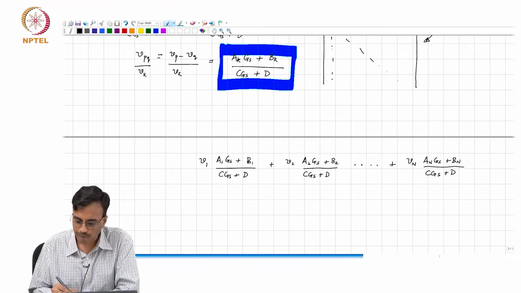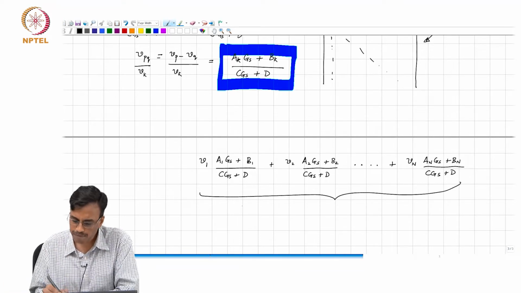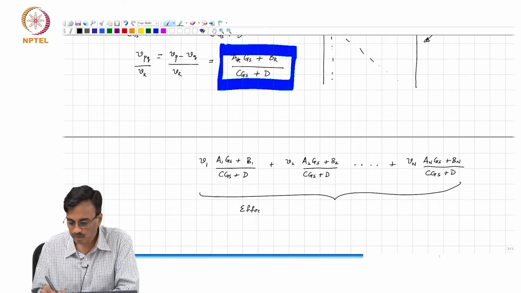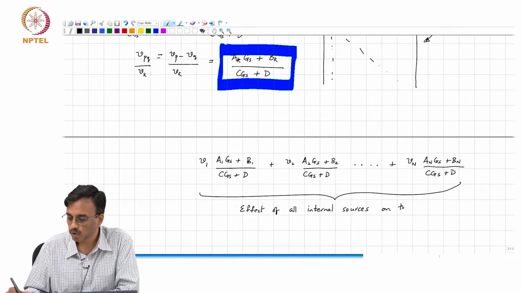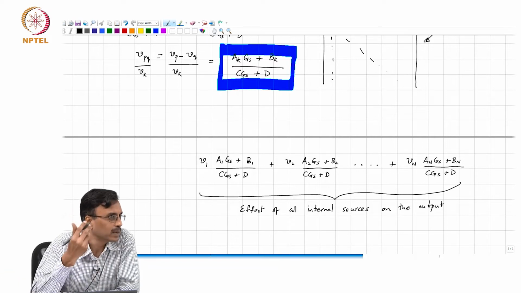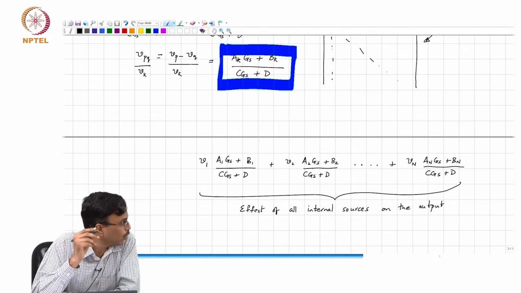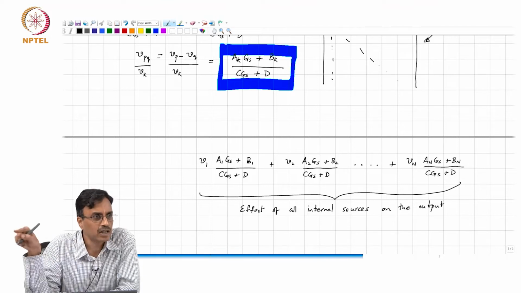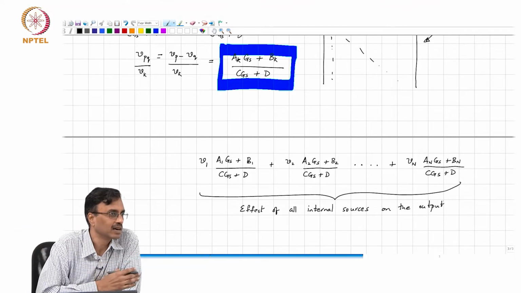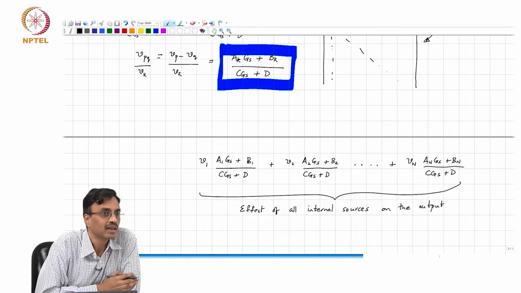So this therefore is the effect of all internal sources on the output. Does it make sense, people? The key point to note is that the denominators of all these transfer functions remain the same, okay.